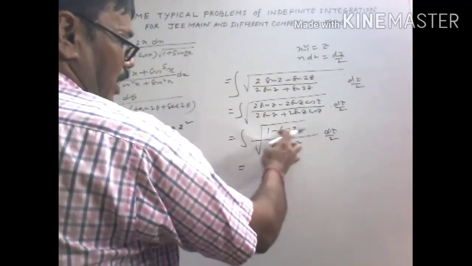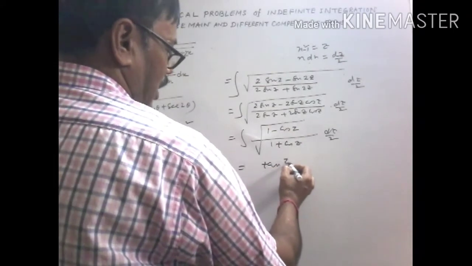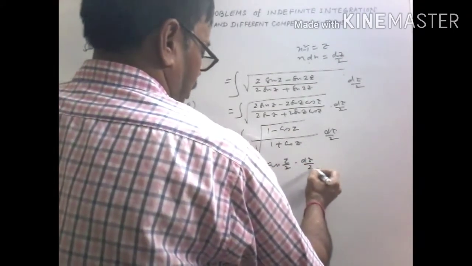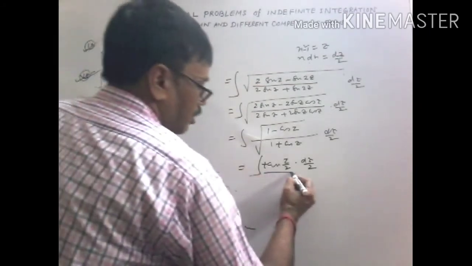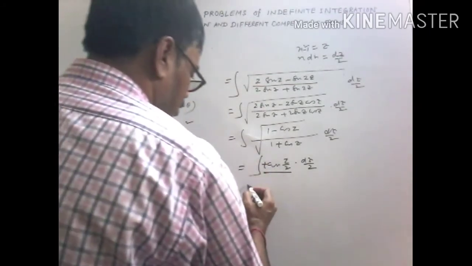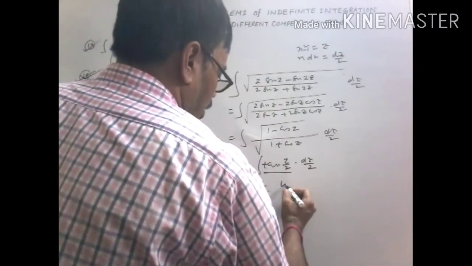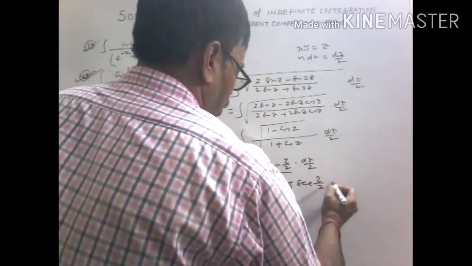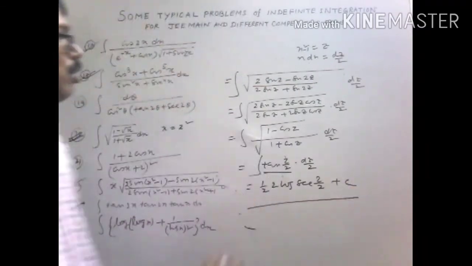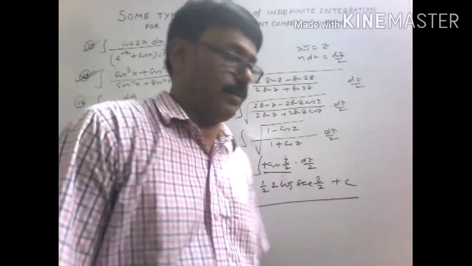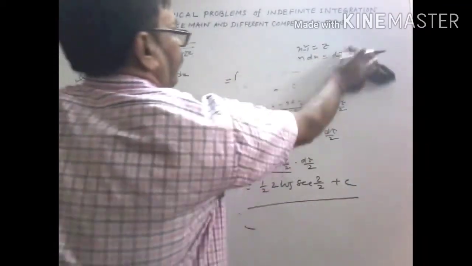This is tan square z by 2, so tan z by 2 into dz by 2. The integration of tan x is log sec x. So half as it is, log sec z by 2 into 2, plus c. Put the value of z and you get the integral.